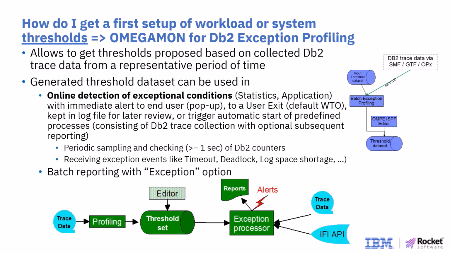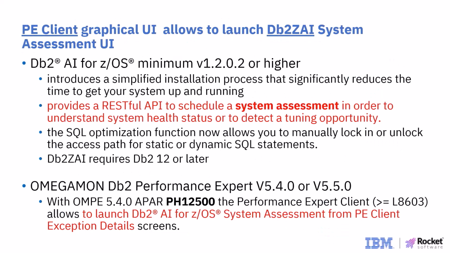It's called exception profiling, takes SMF trace data as input and comes out with the recommended threshold values for user-defined specific performance metrics.